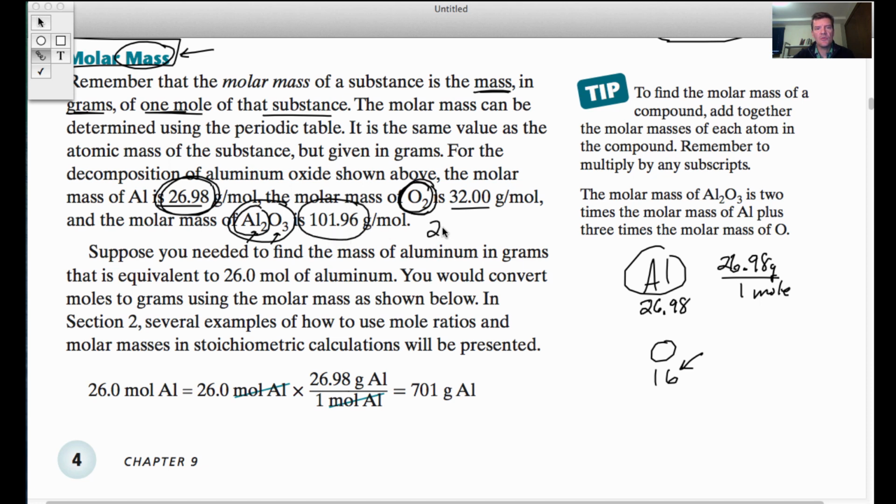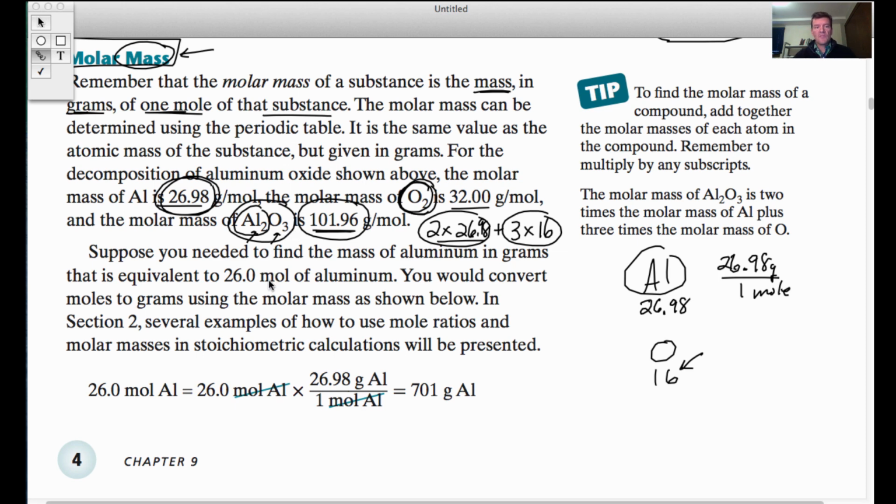I'm taking 2 times 26.98, that's for the 2 aluminums, plus 3 times oxygen, which is 16, 15.99, something like that. And when you do this calculation, you should get something close to 102. Okay? That's the molar mass of aluminum oxide, Al2O3.